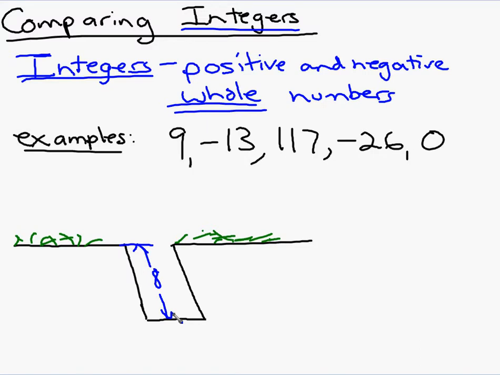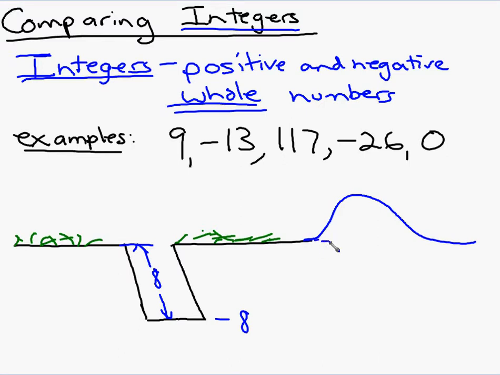Let's say it was 8 feet from here down to here. If you have an 8-foot hole, that is like negative 8, which we know is an integer. Now, if a hole in the ground is like a negative 8, then if I wanted to talk about a hill of dirt, that would be my positive value.